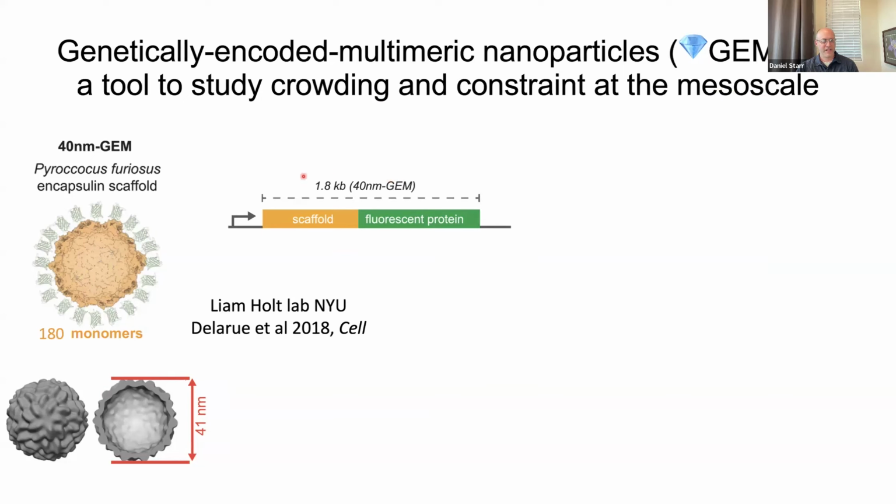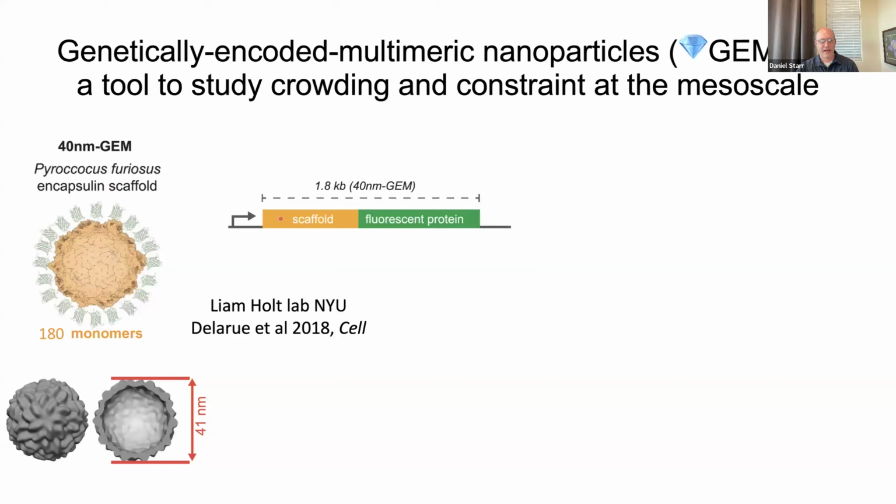And what are these GEMs? These GEMs are an encapsulin scaffold that self-assembles from an archaeobacterial protein. This protein is a scaffold that you can fuse to a green fluorescent protein, and then you can express this open reading frame from any promoter you want in any tissue you want.